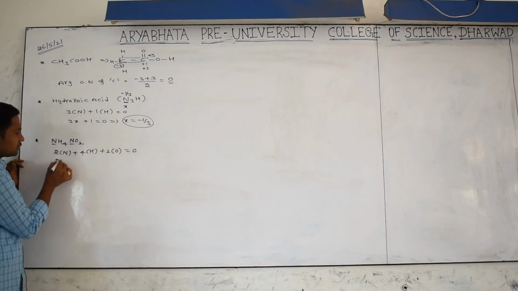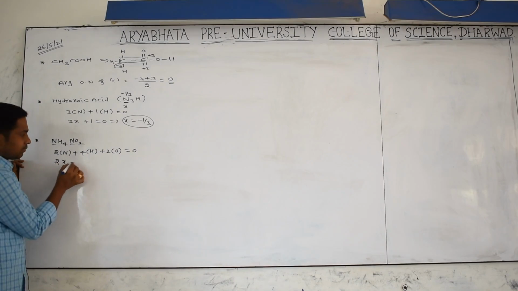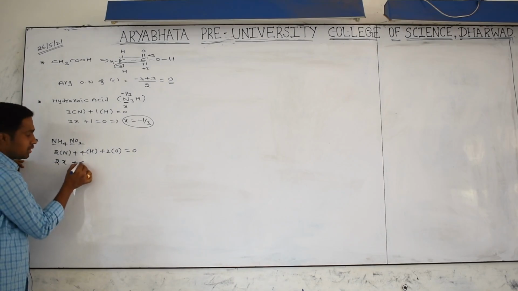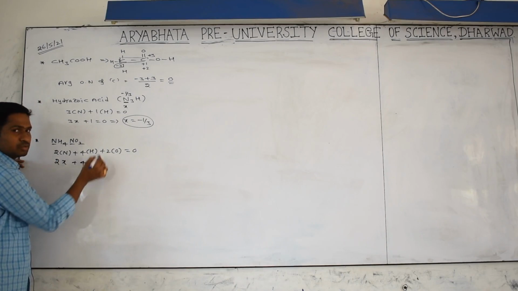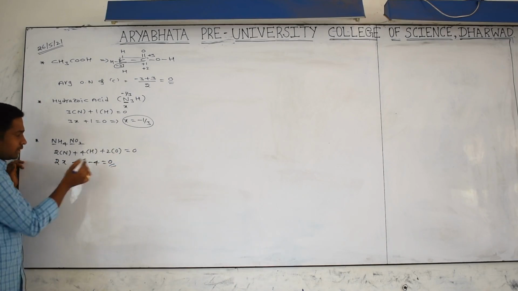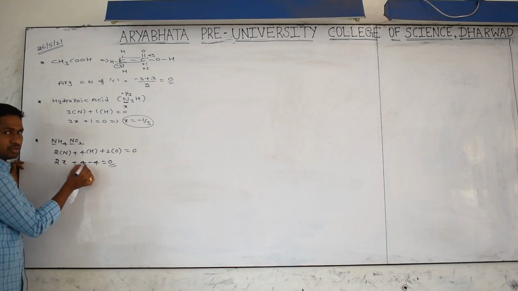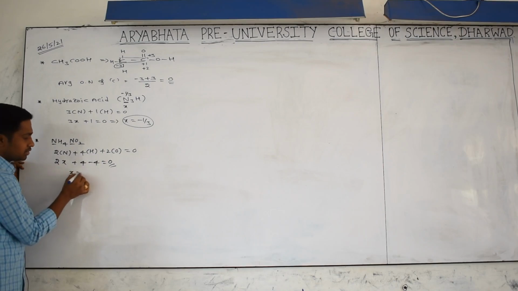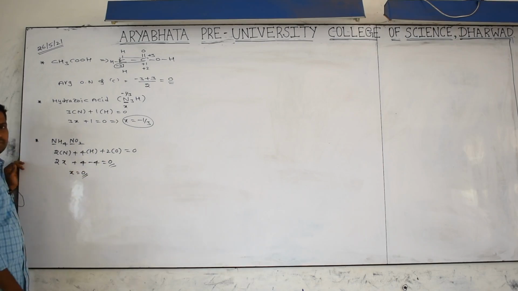So 2 nitrogen atoms taken as X, plus 4 hydrogens, 4 ones are 4, each oxygen -2, 2 -2s are -4, equals 0. Anyway, +4 -4 is 0, so 2X equals 0, then X is 0.